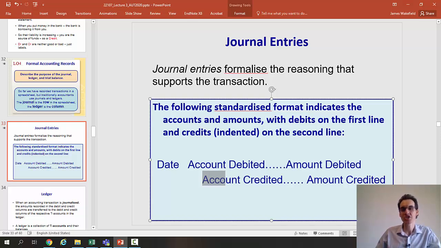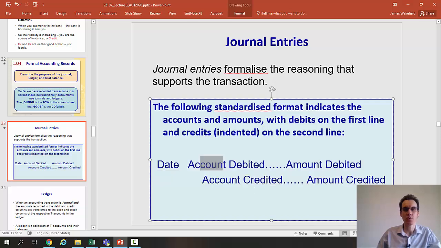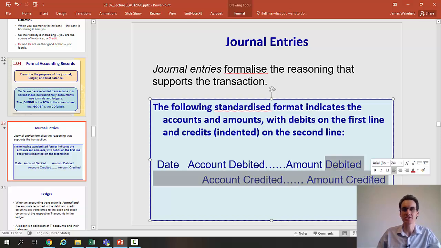If that cash is received because you are selling an asset, then you would have the asset here, which is credited because you're decreasing that asset, and you would have obviously the same amount as above because the debits and credits need to match in every single transaction. So every single transaction has at least one debit account and one credit account, and the debits and credits need to match in terms of the amount.